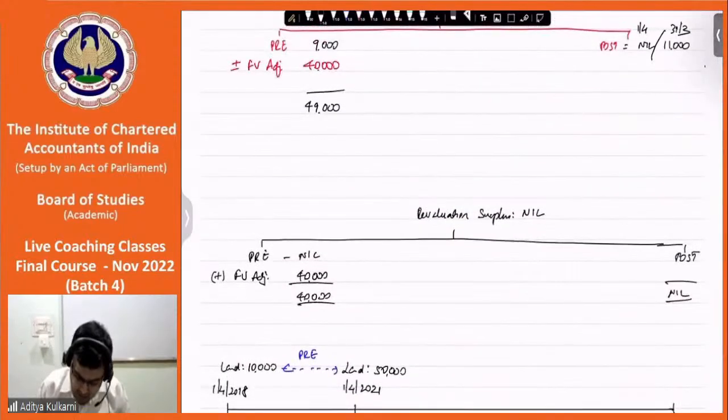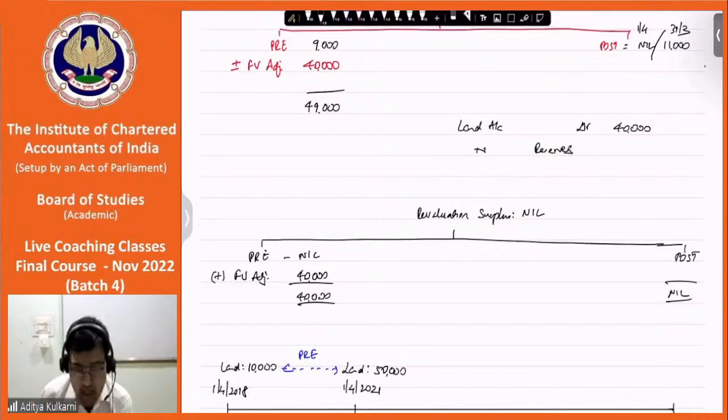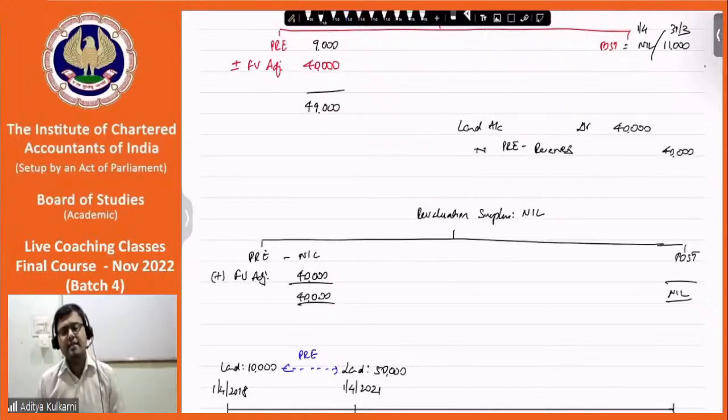So the adjustment entry that we are going to pass is land account debit, because land is having an upper valuation in this case, 40,000 to reserves. Which reserves? Pre-acquisition or post-acquisition? Sir, this is going to be pre-acquisition reserves, 40,000. And that is how your fair valuation adjustment in the case of non-depreciable assets is going to be completed.